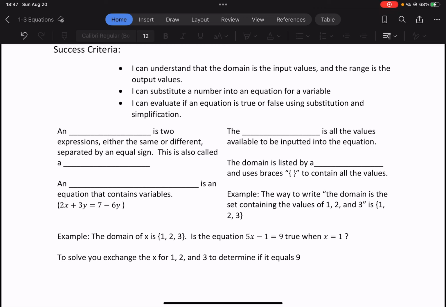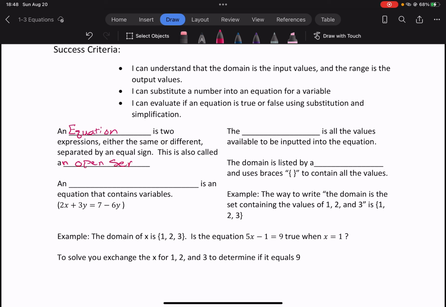So let's start off with the basic definition. An equation is two expressions, either same or different, separated by an equal sign. This is also called an open sentence.